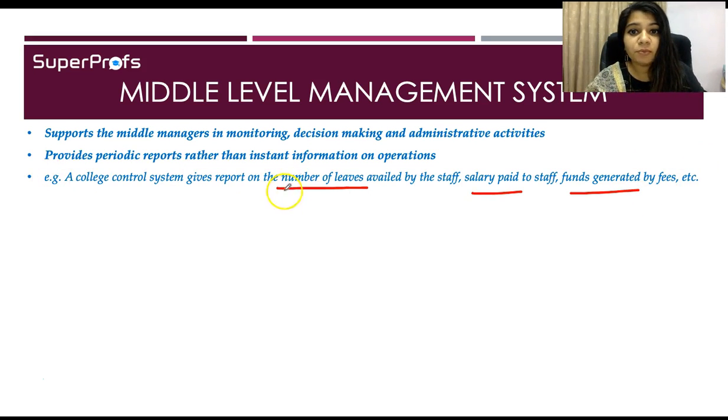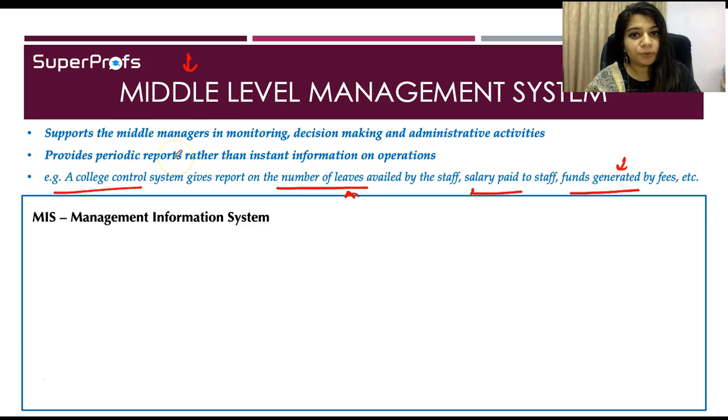These are different kinds of information, but they will be required by the mid-level managers, whether for HR management, monitoring or decision making. You will not require this report on a daily basis or instantly, so it will be a periodic report.